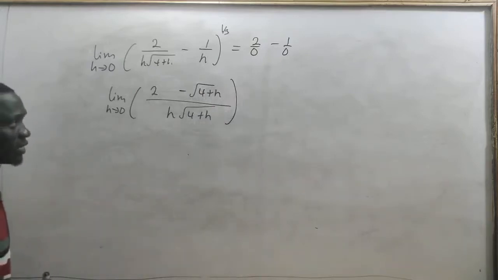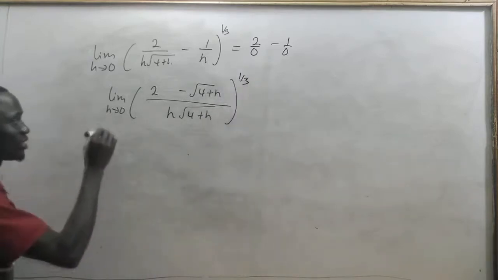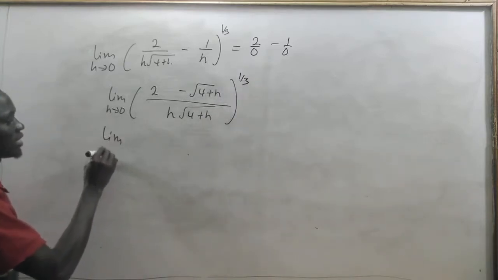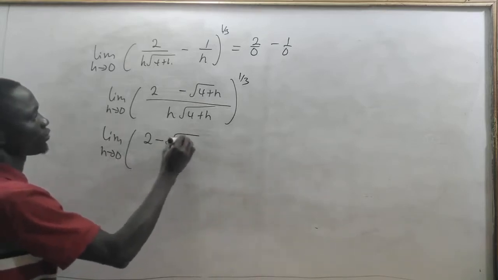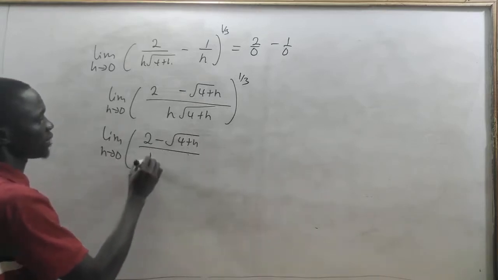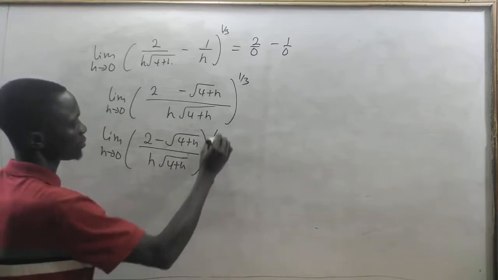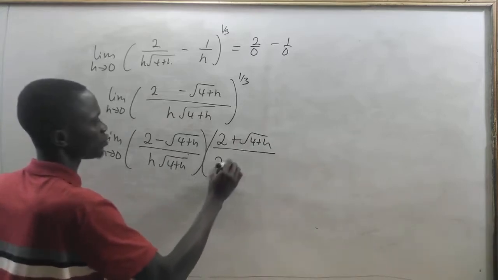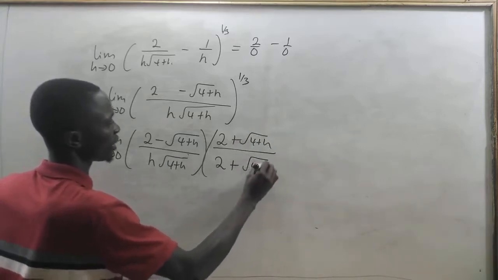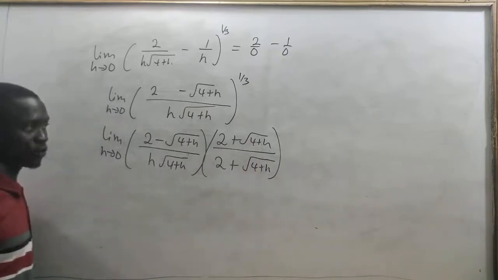Very simple as that, all to the power 1 out of 3. So we take the limit as h approaches 0, of 2 minus square root of 4 plus h divided by h times square root of 4 plus h, times 2 plus square root of 4 plus h divided by 2 plus square root of 4 plus h. That is the conjugate of 2 minus square root of 4 plus h.